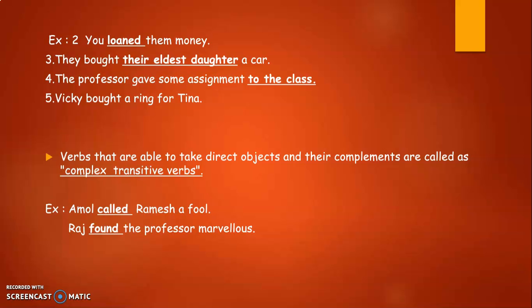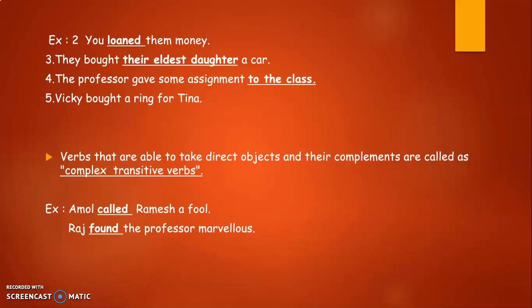Next, verbs that are able to take direct objects and their complements are called complex transitive verbs. In the sentence, Amol called Ramesh a fool. Here Ramesh is a direct object, because he is the receiver of the action called. And the word fool is describing Ramesh.